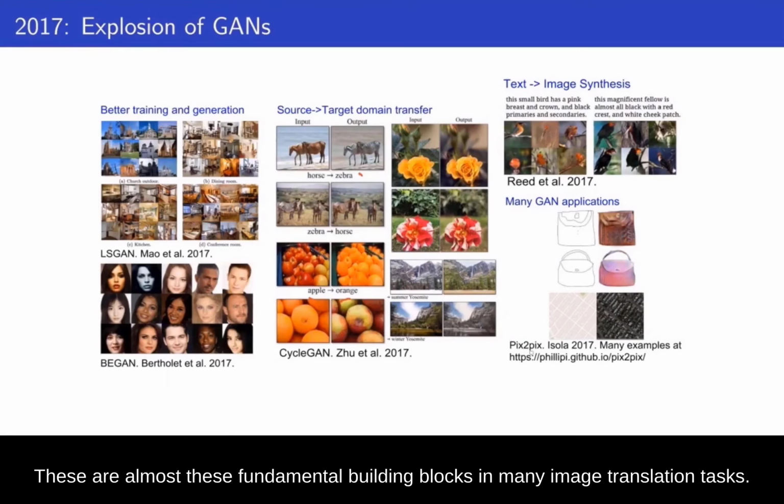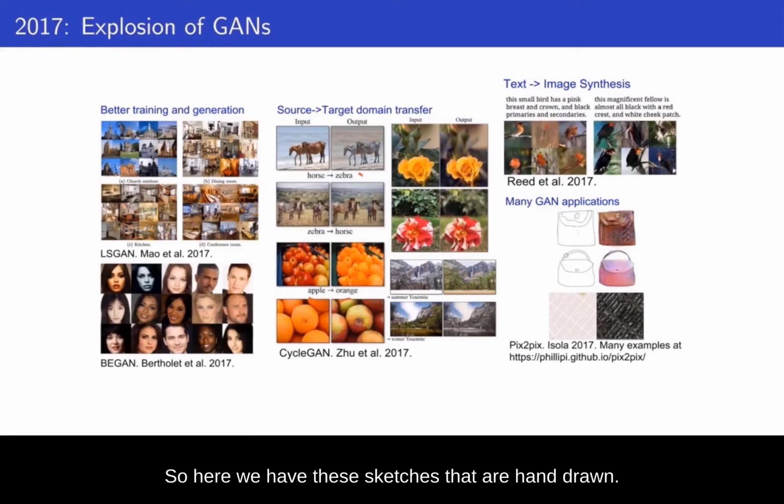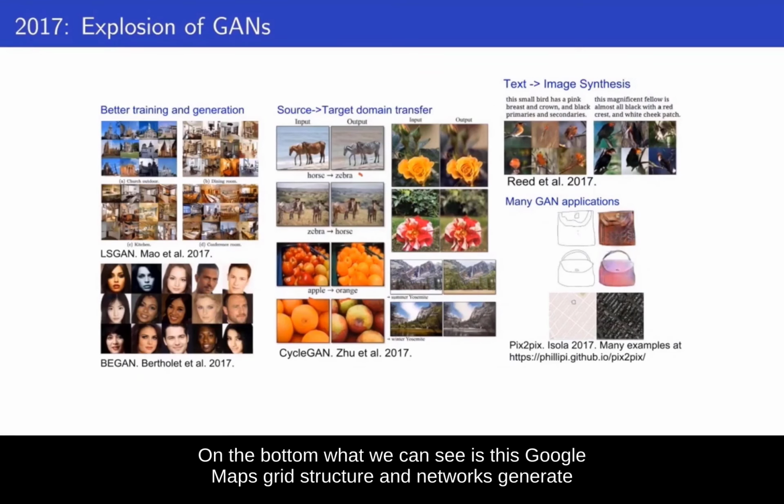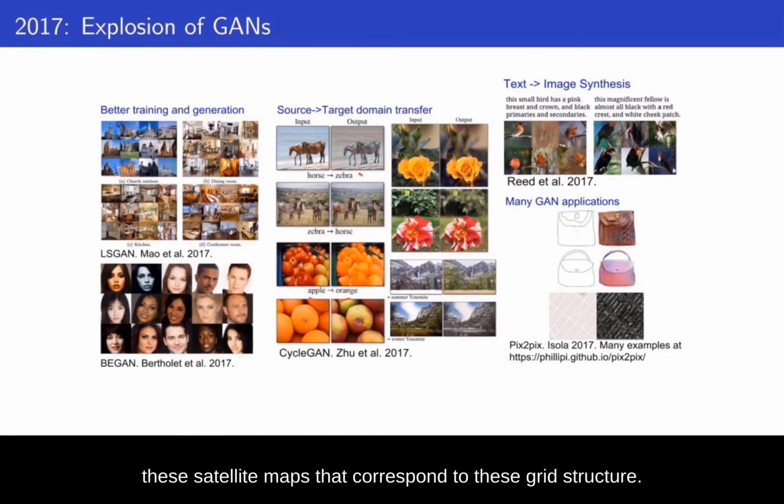These are fundamental building blocks in many image translation tasks. Here we have hand-drawn sketches, and from these sketches the networks learn to generate these images. On the bottom, we can see a Google Maps grid structure, and networks generate satellite maps that correspond to this grid structure.